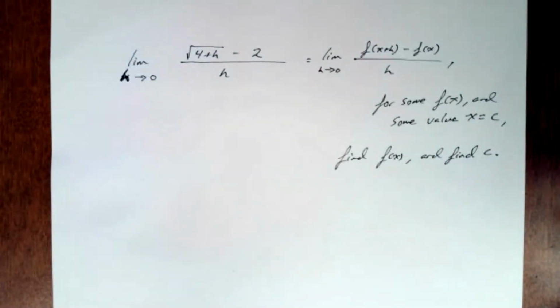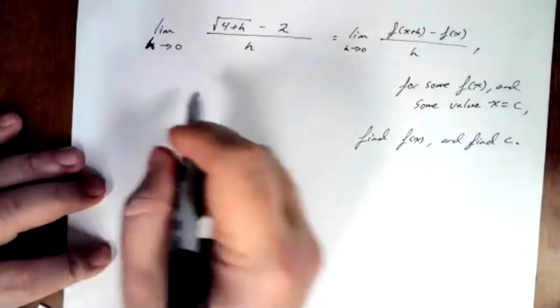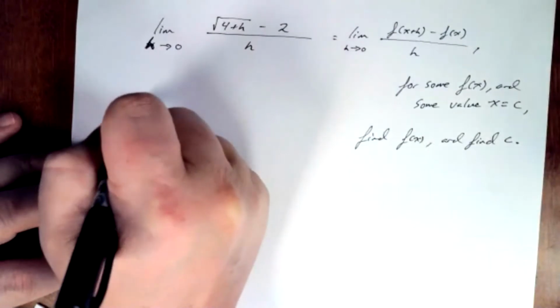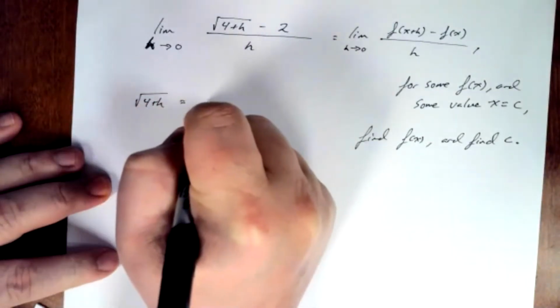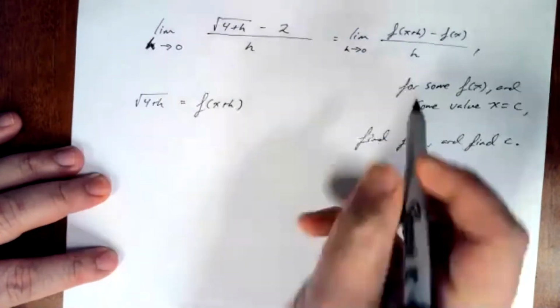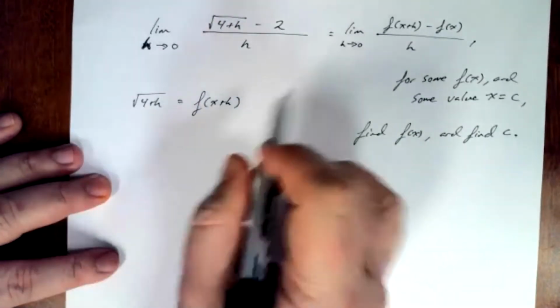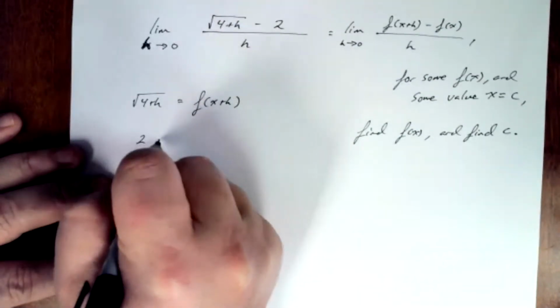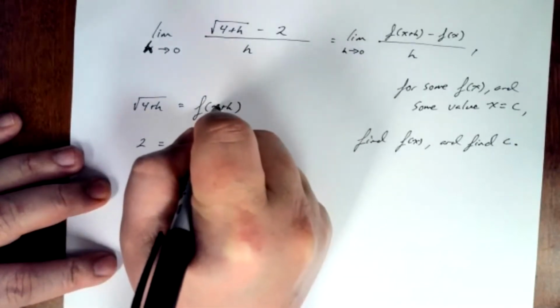Take a few minutes and think about that. Answers. So if the square root of 4 plus h is equal to some function of x plus h, that tells me that, and I also know that 2 is equal to f of, I'm sorry, this shouldn't be x, this should be c.